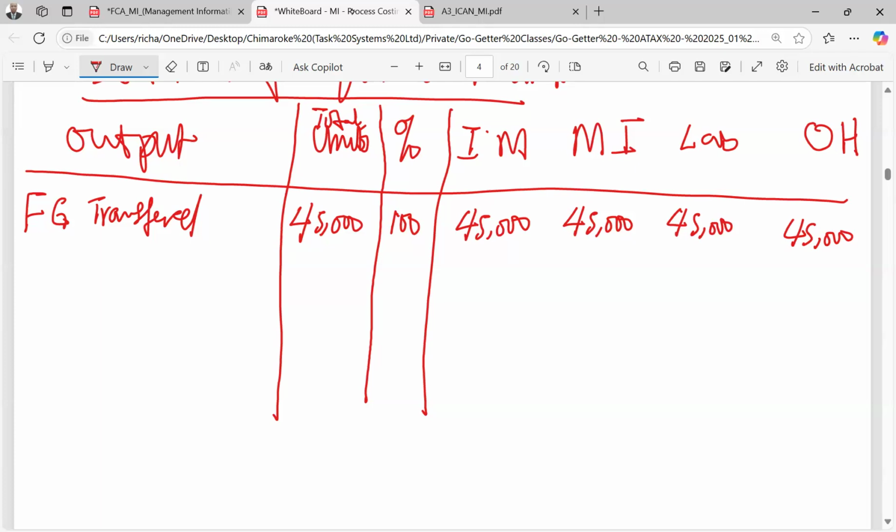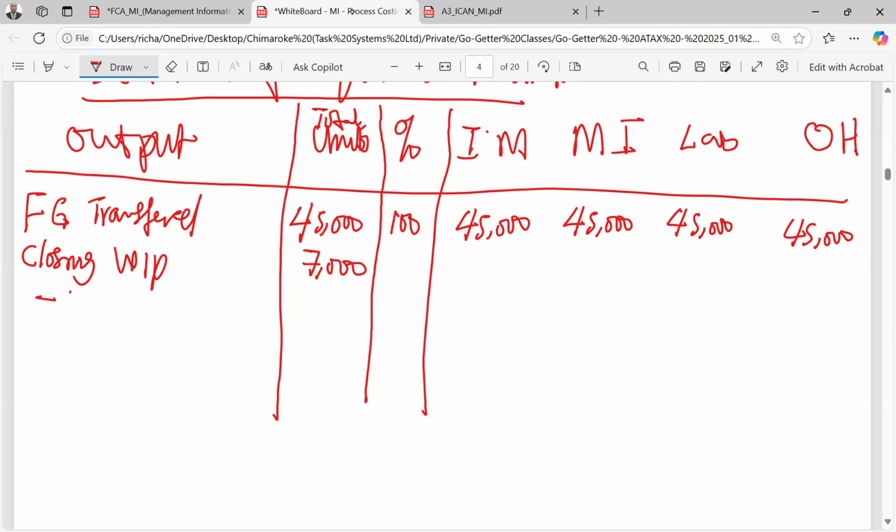Then we come to closing work in progress. For closing work in progress, we were told the units were 7,000, but we have different stages of completion.